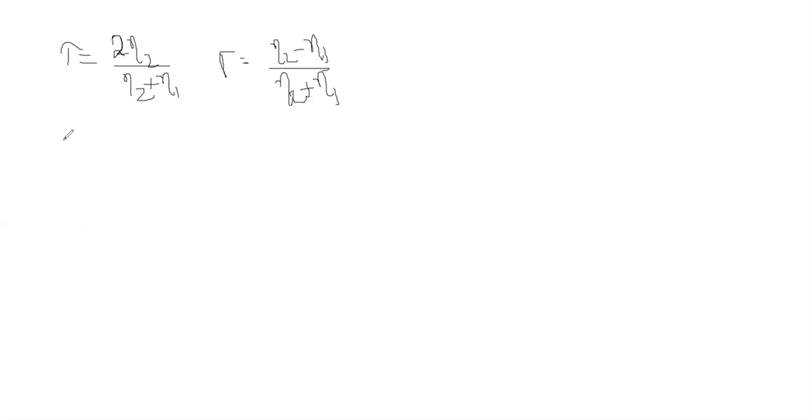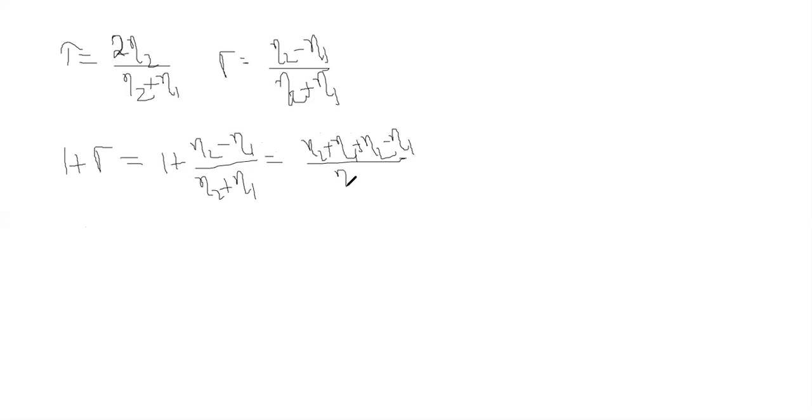Now 1 plus the reflection coefficient gamma is equal to 1 plus eta 2 minus eta 1 whole divided by eta 2 plus eta 1. Cross multiplying, we get eta 2 plus eta 1 plus eta 2 minus eta 1, whole divided by eta 2 plus eta 1.